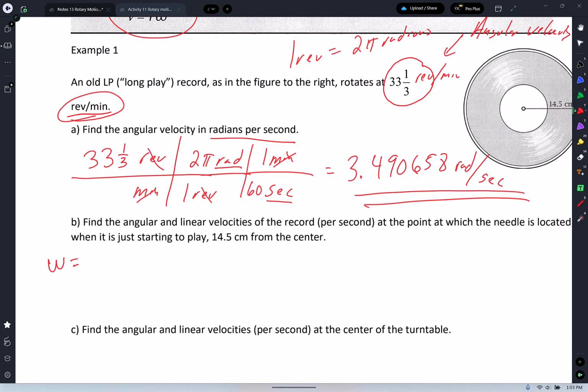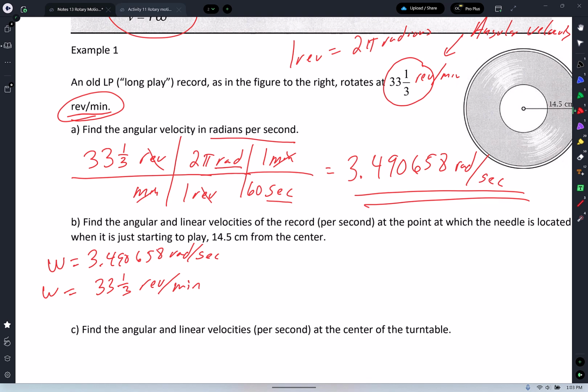It's this number up here. You can also say 33 and 1/3 revolutions per minute, or 3.490658 radians per second. They're all the same. They're both angular velocity. Are we okay?